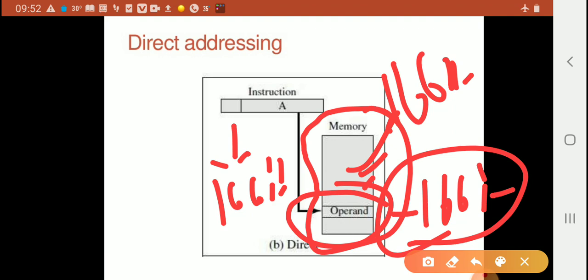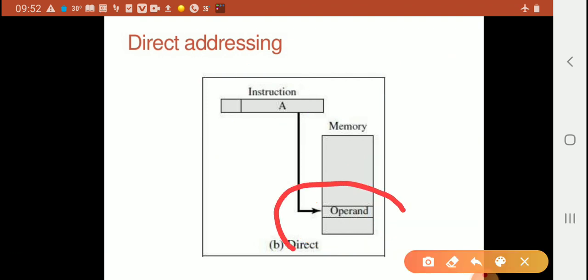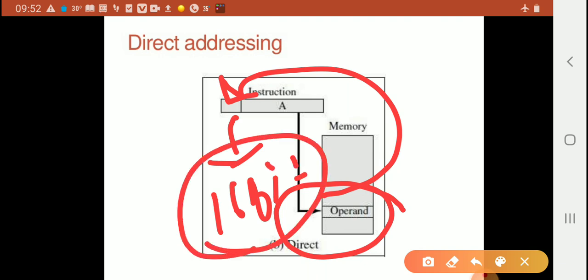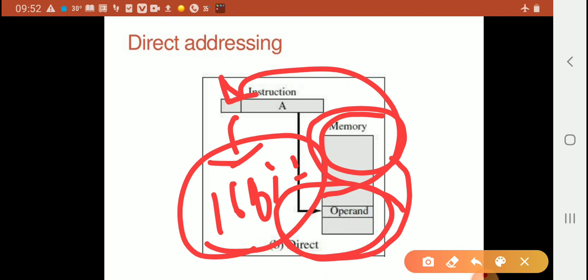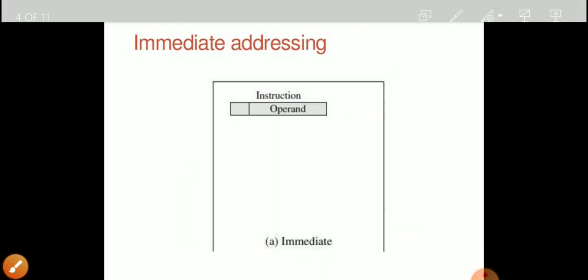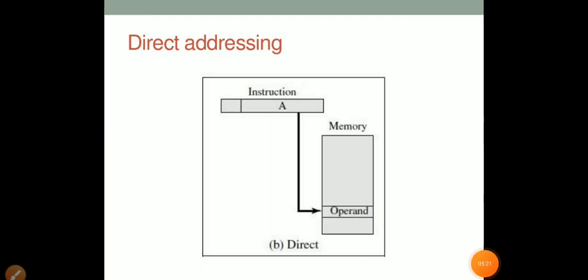This is a 16-bit memory location. Since this address is a part of the instruction, it is held in the second and third byte of the instruction, and the content is in that 16-bit memory location.